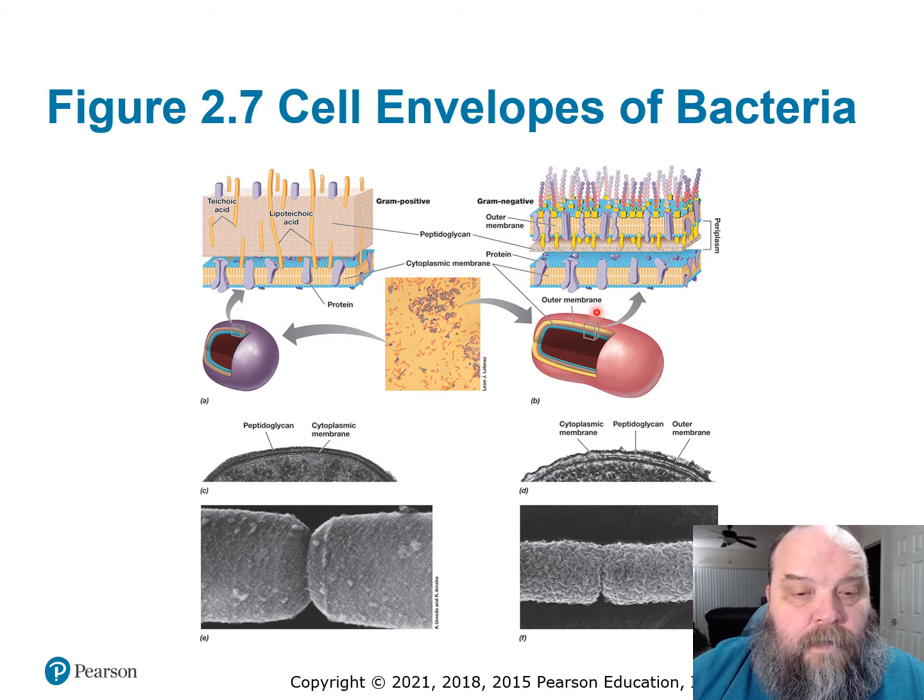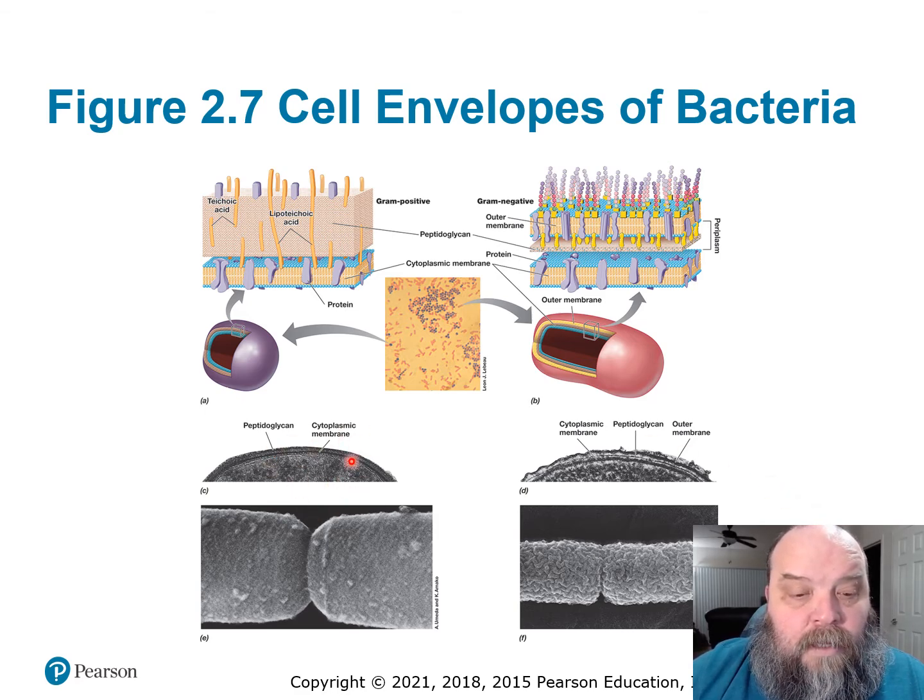Gram positive, gram negative. Gram positive, look, that nice, thick peptidoglycan layer. The gram negatives, well, there's the dual membranes, and then that thin line right there is the thin cell wall of gram negatives.